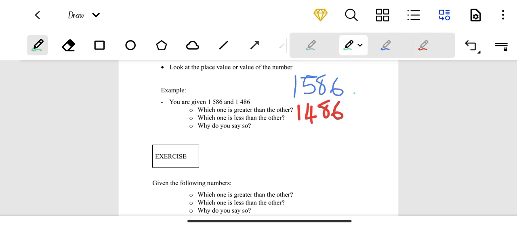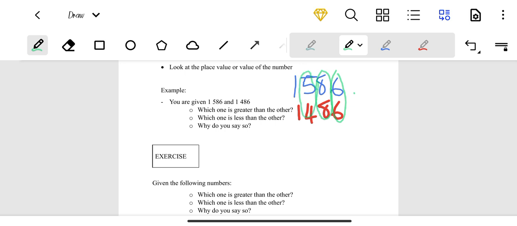Remember, how do I do it? I look at the place values. So these two are the same, so I can't determine which one is greater than, which one is less than. The next part is also the same. I can't determine which one is greater than, which one is less than.